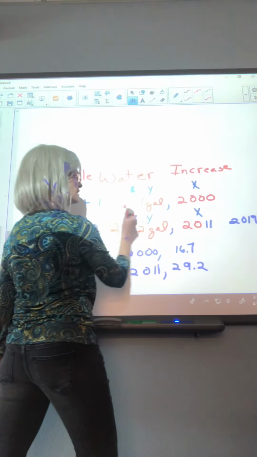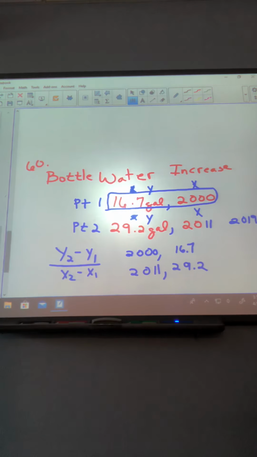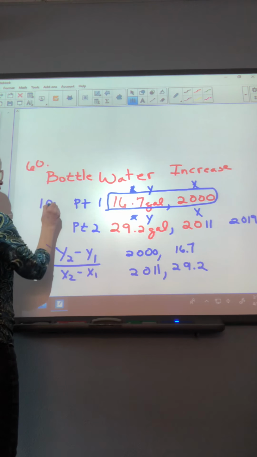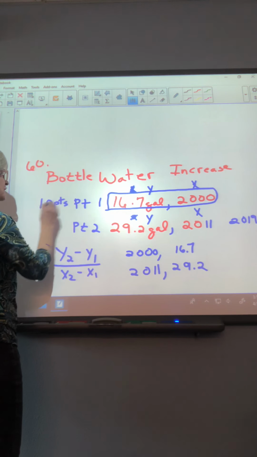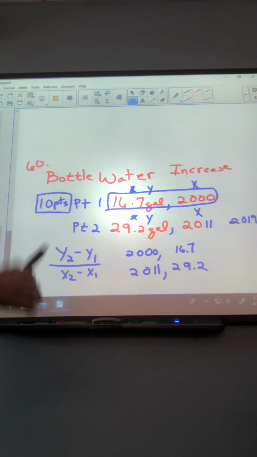And then you could use this for your base right here. You wouldn't even have to look that up. You could just use the 16.7 for the year 2000. And I will give you extra credit points for that. 10 points for sure, and I might even make these 10 test points if you do this correctly. Okay, so let me know where you got your information.